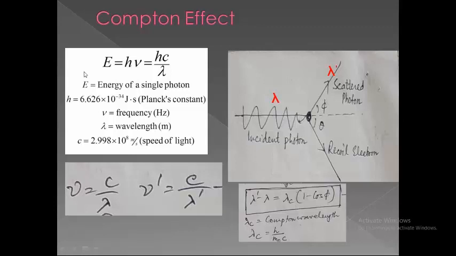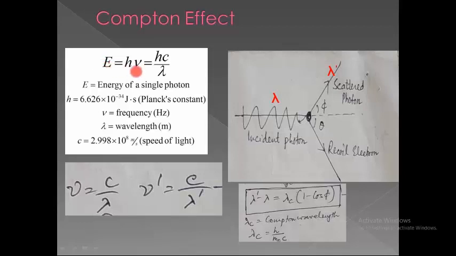If I have a photon, what is the energy of the photon? It is equal to E is equal to h nu. And what is h? h is called the Planck's constant. Nu is the frequency. Suppose I consider a wave of light, or a photon of frequency nu, then we can say that the energy is equal to h nu of that photon.